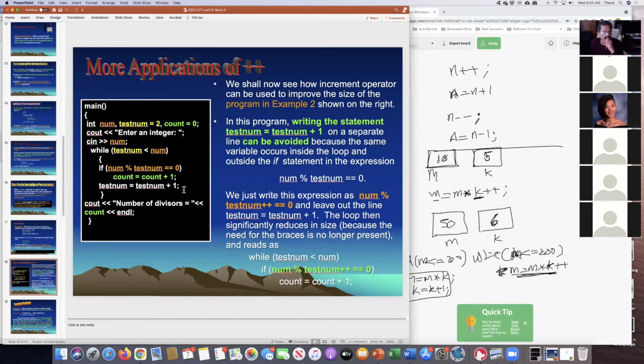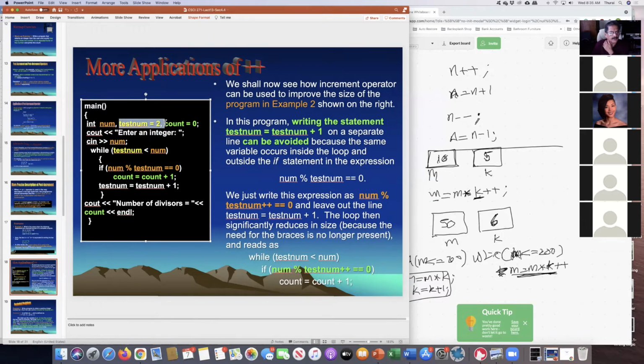So look at this problem. We did this in the last class. This problem counts how many divisors there are for the number entered by the user. So here I'm asking the user to enter the number, I'm reading the number. And then my test num is the number I'm testing for divisor.